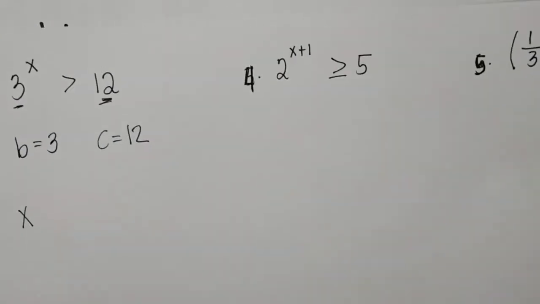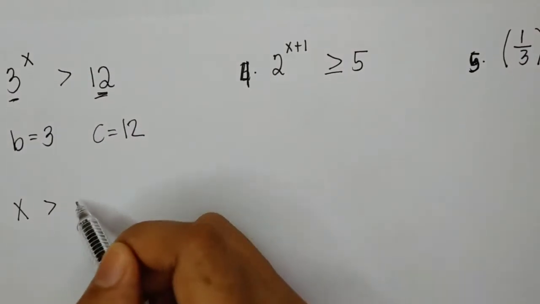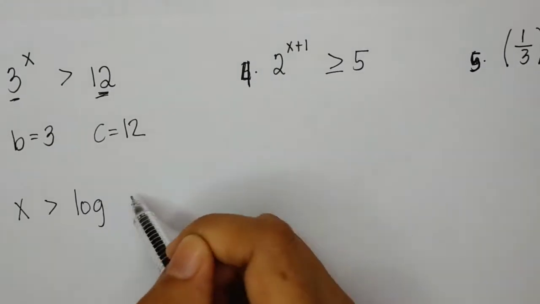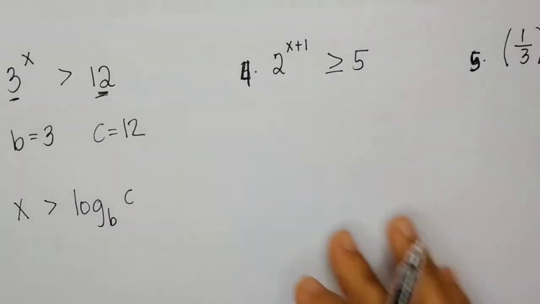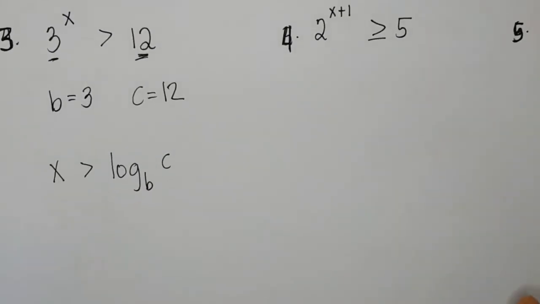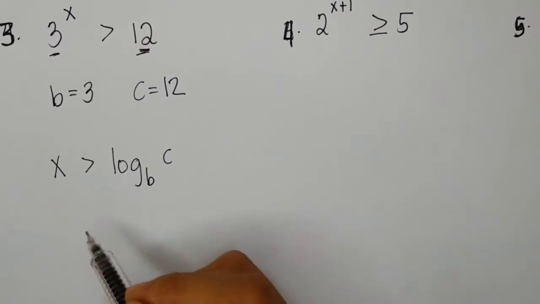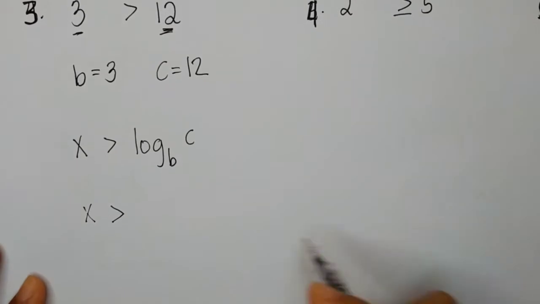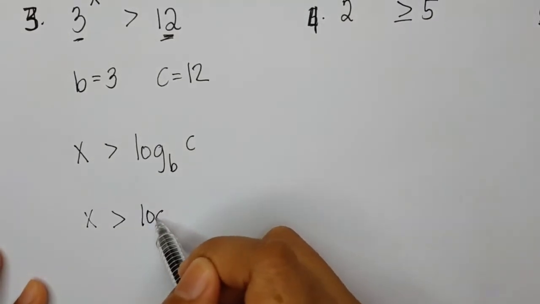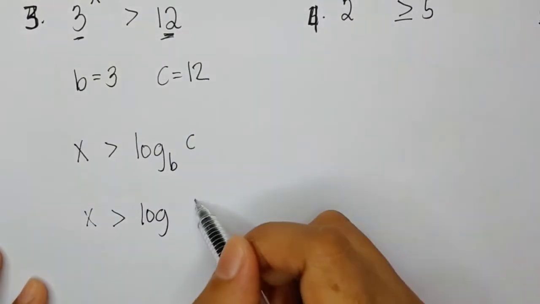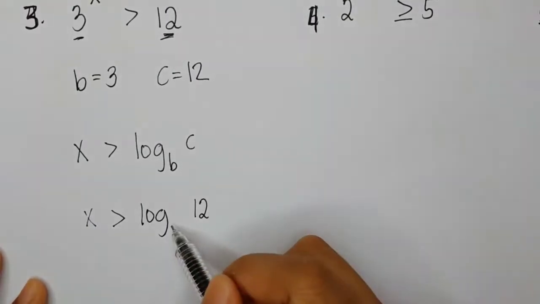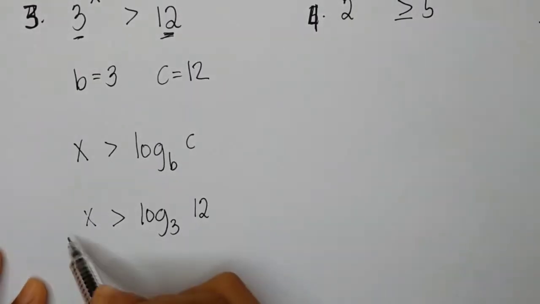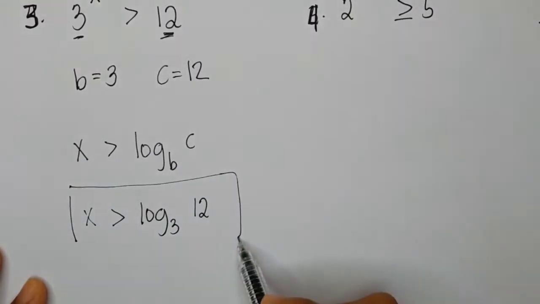So, we have x is greater than log c to the base b. So, substitute lang natin yung mga values natin. So, we have x is greater than log 12 to the base 3. So, this will be our value ng x.